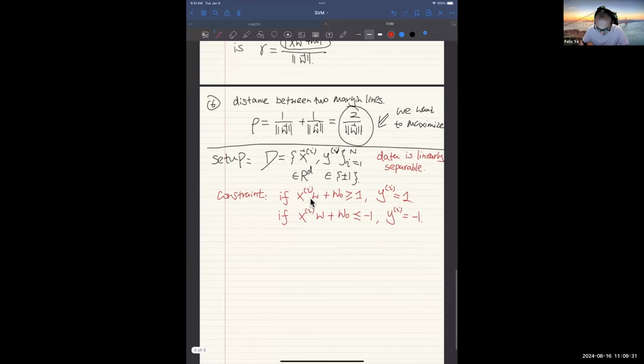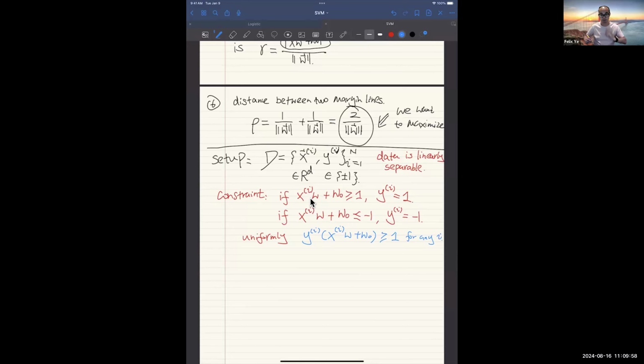And you can write everything uniformly. It can be written as follows: y_i (x_i w + w0) is bigger or equal than 1 for any i.